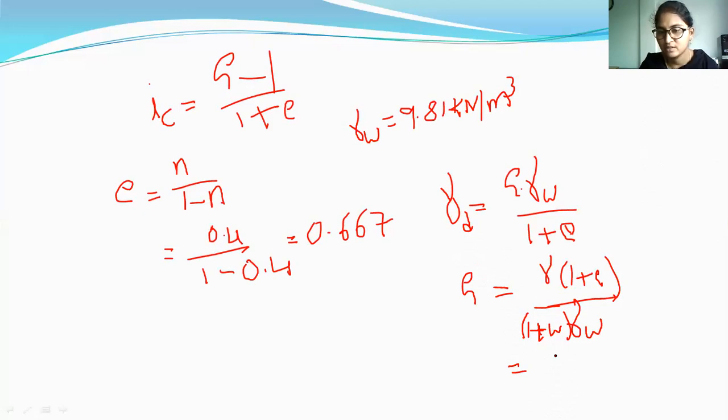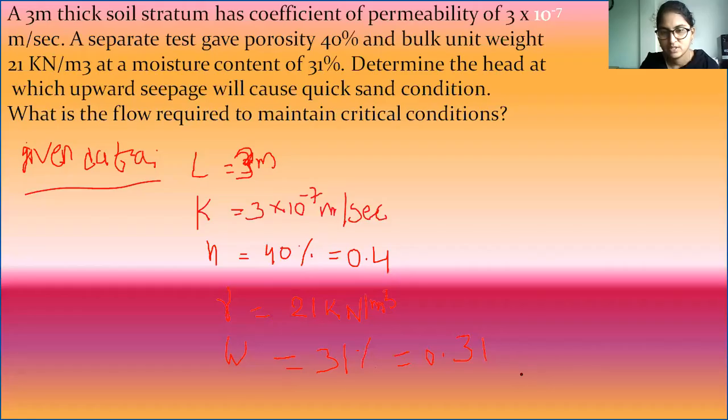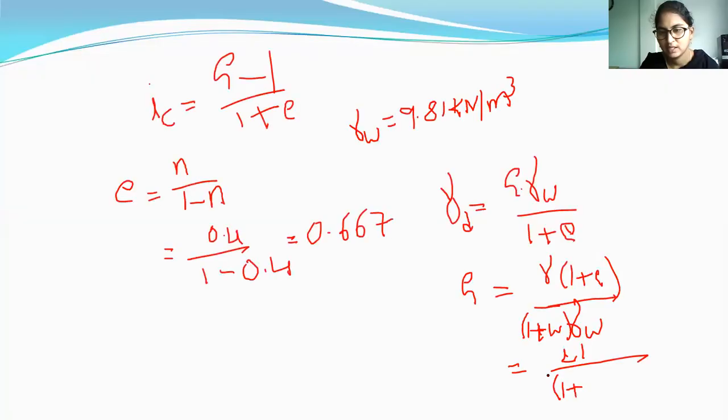Here the gamma value is given, not the gamma D value. So 21 divided by 1 plus W is equal to 0.31.